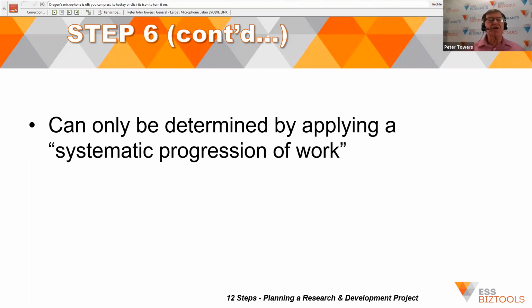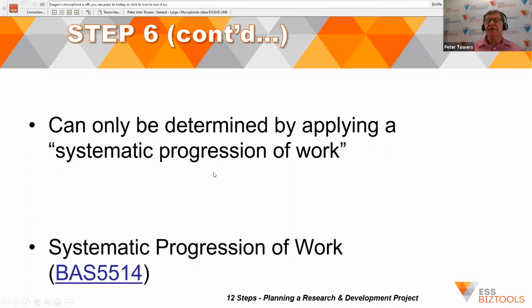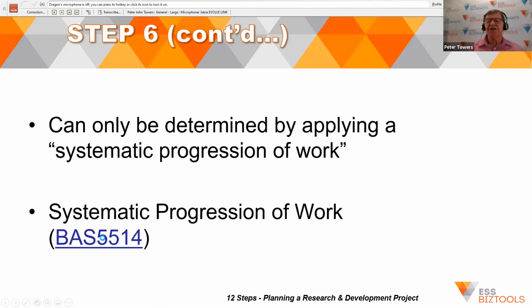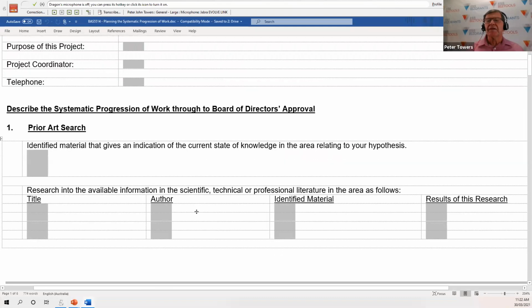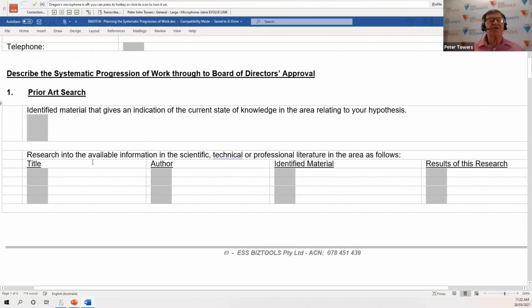And universities require proper documentation and accountability, because they're using public money in undertaking these tasks. So we have a form which identifies this concept of systematic progression of work. So we look at, first of all, what the prior art searches were, and record them.